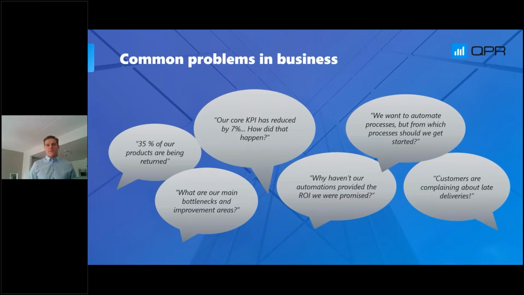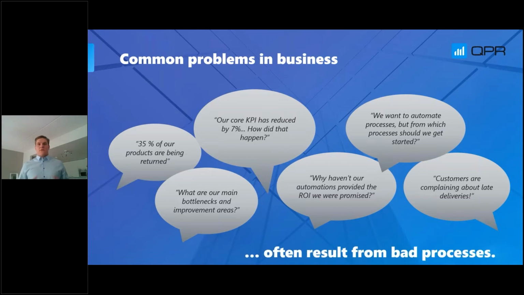Of course, these are problems in business, but often they result from bad processes. This is because processes are essentially everything that you do in your business. Whatever you do, there is some kind of process behind it, and it's really important to understand those processes so that you can improve your business.